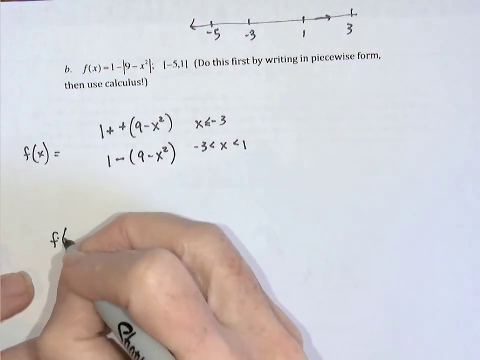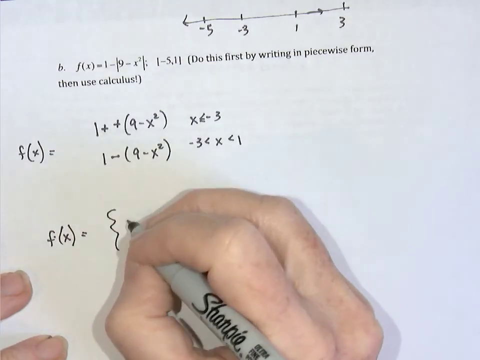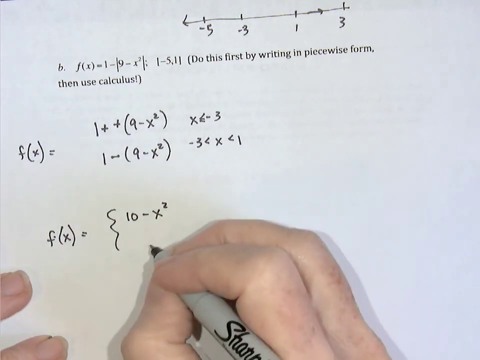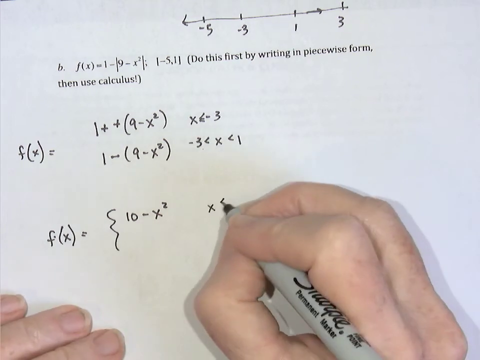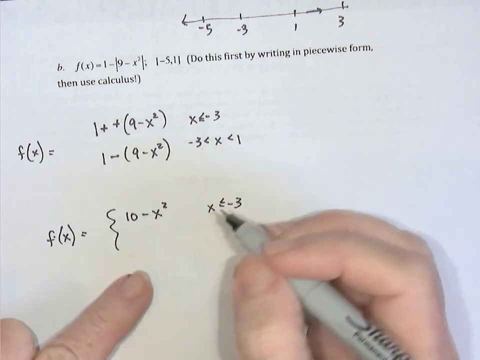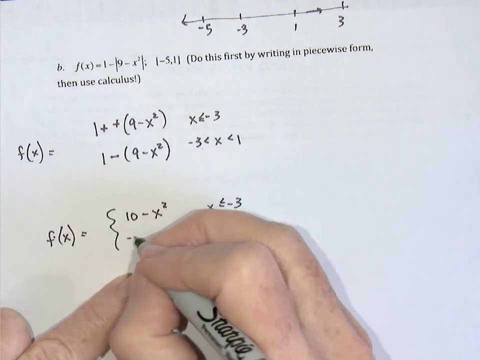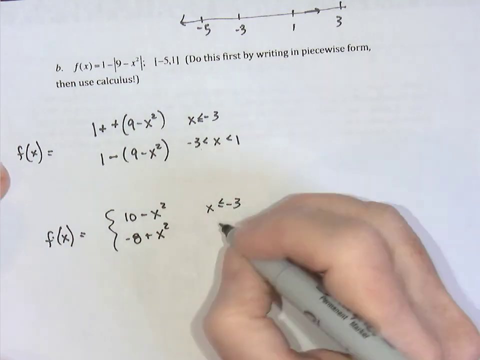So our function really is, for x less than or equal to -3, 10 minus x squared. And for x between -3 and 1, this is going to give us -8 plus x squared.